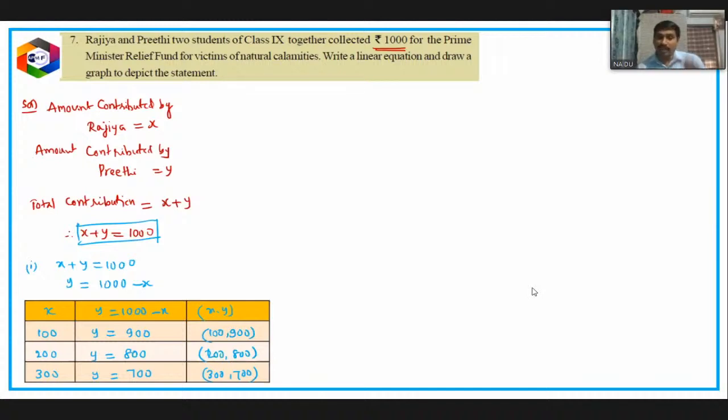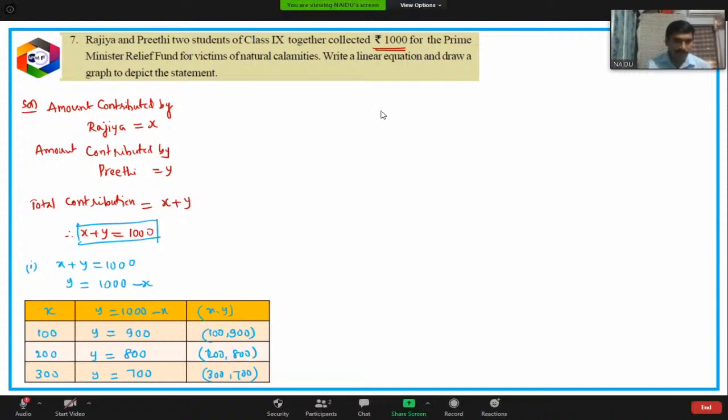Y also, 900 we have, so for the top, 100, 200 we will get. So the scale I am adjusting here is very important. On x-axis 1 centimeter equals 100 units, and the same on y-axis. So let us take the graph here. Observe, children, quickly, so we have less time.